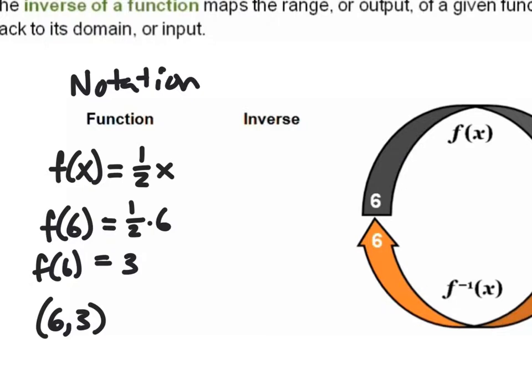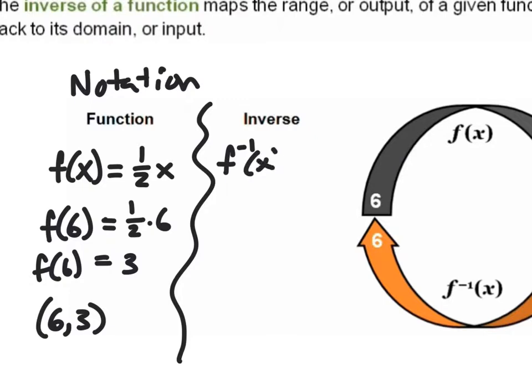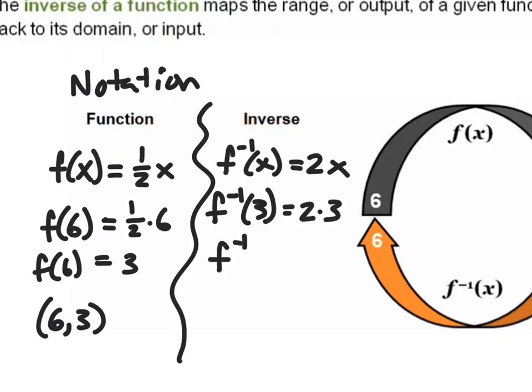Now the inverse, and I'm just going to give you guys the inverse. The inverse of this function, and I'm going to denote that as f to the -1 of x, is equal to 2x. And remember for the inverse, we switch the x and the y values. So if I'm going to find the other point, I'm going to do f inverse of 3, plug that in, and I get 2 times 3, and f inverse of 3 is going to give me positive 6.